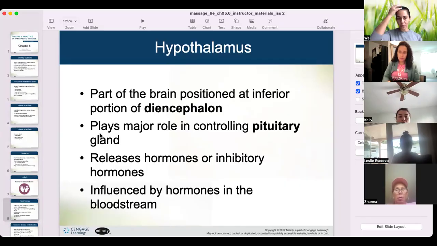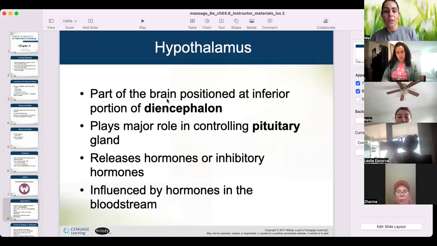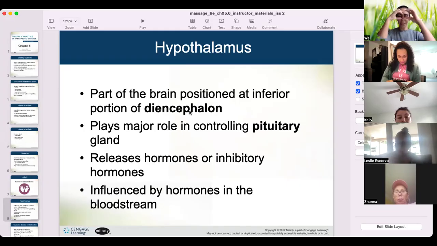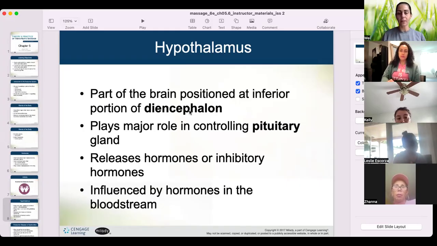So we have glands throughout the whole cavities of the body. The hypothalamus is part of the brain, positioned at the inferior portion of the diencephalon, which is the center brain, which is behind the eyes, third eye, behind the left and right hemispheres, okay?